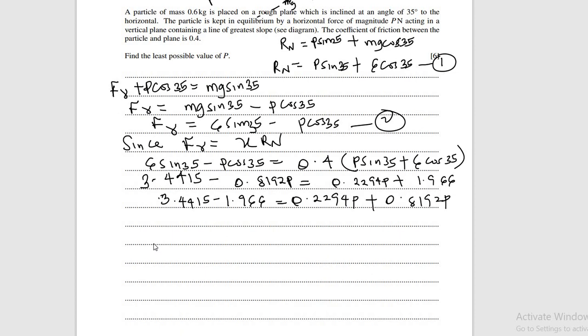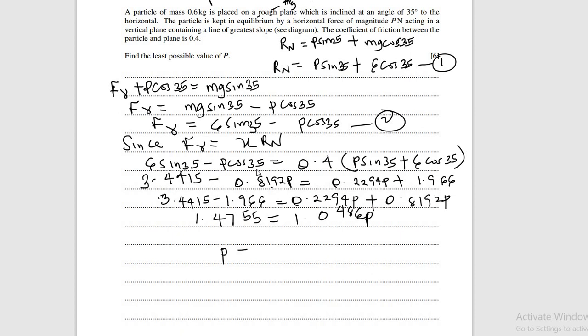So let's do the subtraction. Here we have 1.4755 equal to 0.2294 plus 0.8192, so we have 1.0486P.